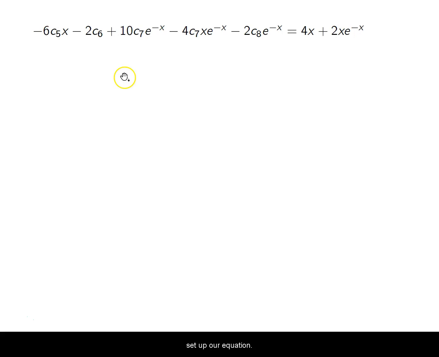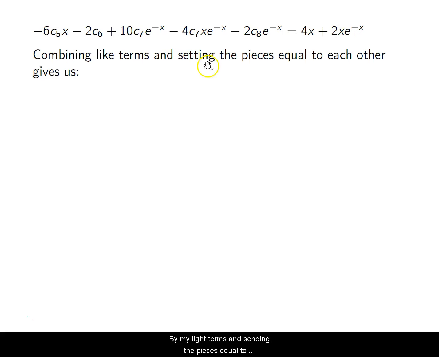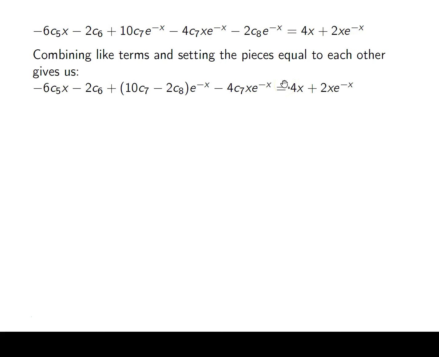And we're going to set up our equations. So combining my like terms and setting the pieces equal to each other from one side of the equation to the other side, I have the following, right? So basically what I did was I took all the things that look like just e to the -x with no x term. I grouped them together and factored them out. That's really the most that I could do.